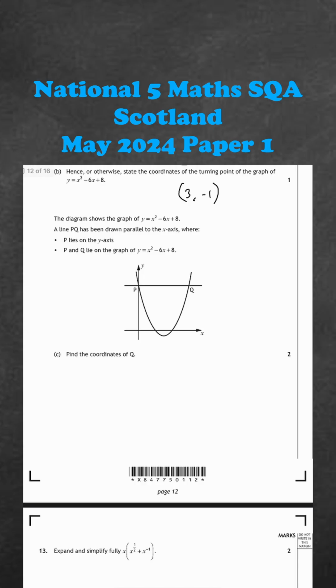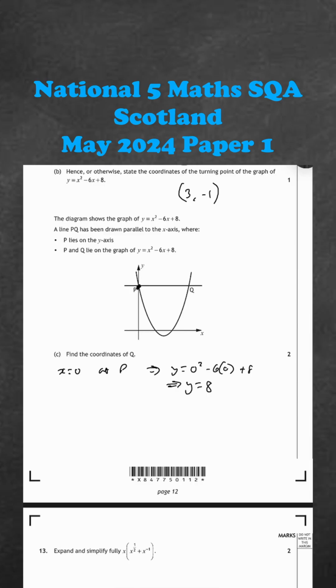The diagram shows the graph of y equals x squared minus 6x plus 8. A line PQ has been drawn parallel to the x-axis, where P lies on the y-axis, and P and Q lie on the graph y equals x squared minus 6x plus 8. Find the coordinates of Q. Well, we can find the coordinates of P quite easily, because x equals 0 at P. Therefore, y equals 0 squared minus 6 lots of 0 plus 8.